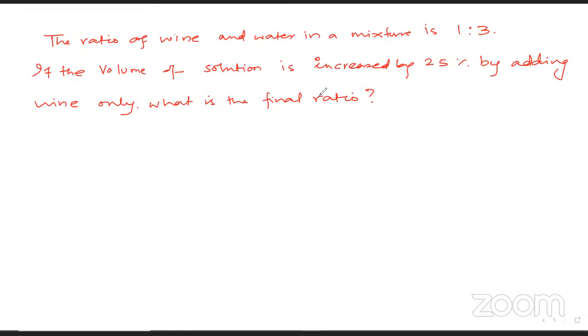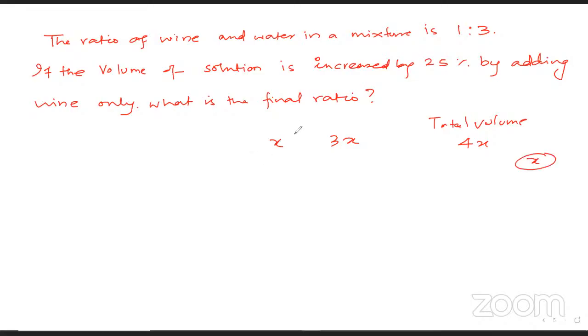Now, see, the ratio of wine and water in the mixture is 1:3. So let's say initially it is x and 3x. So total volume is 4x. Now 25% of 4x is how much?